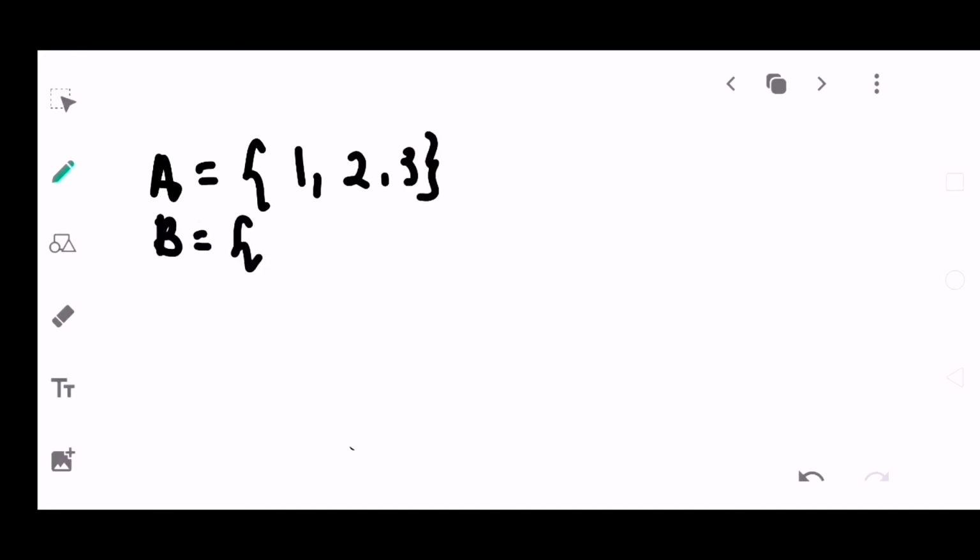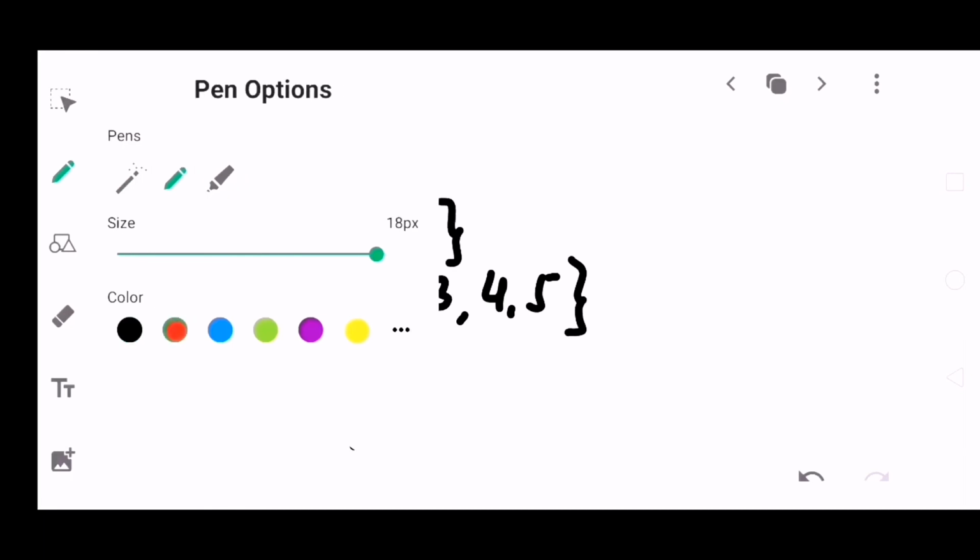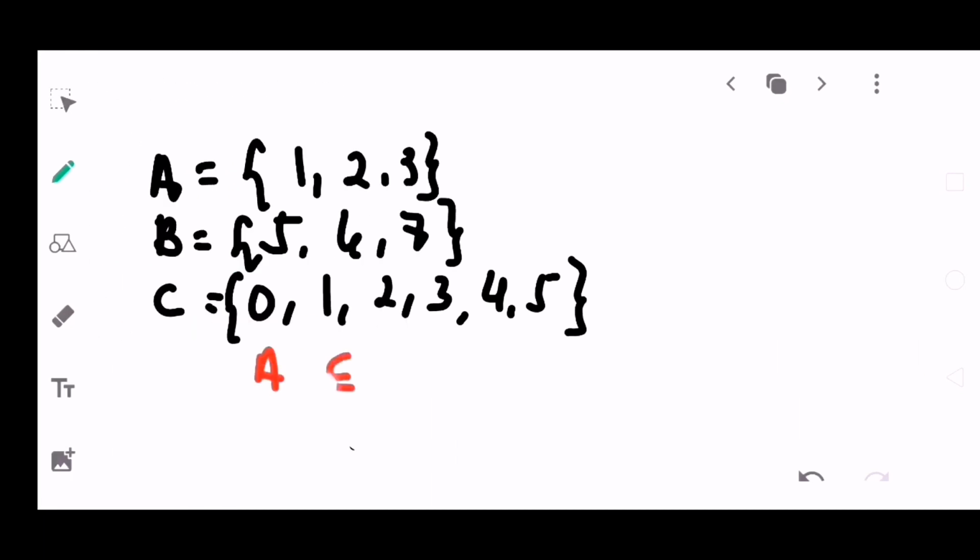Let's say we have set A containing 1, 2, and 3. Set B containing 5, 6, and 7. While set C containing 0, 1, 2, 3, 4, and 5. Now here, we can conclude that A is a subset of C, since all of the elements of A are in C. And we can also say that A is a proper subset of C. Why?